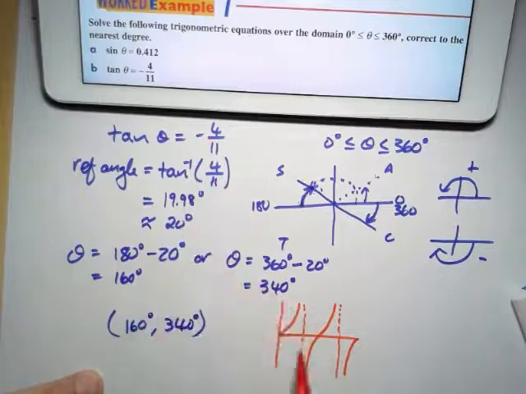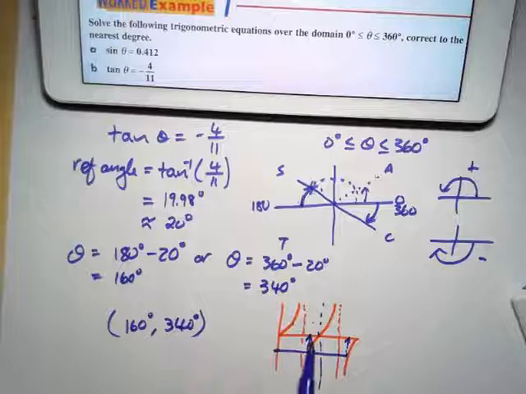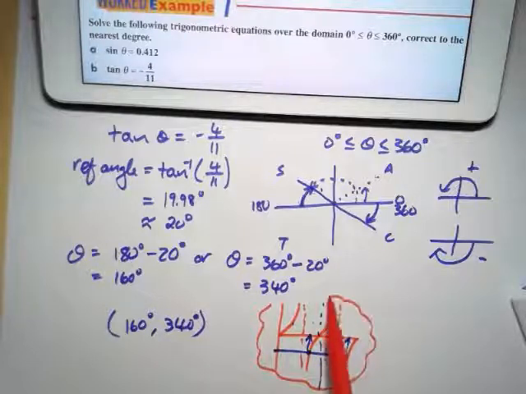Negative 4/11 is down here somewhere. And if I go down at negative 4 and I follow that through, it happens at 2 places. Oh, sorry, first, second, third, fourth. So it happens in my second quadrant, and it also happens in my fourth quadrant. So that would be 160 and 340. You don't have to do this. This is just for explanatory reasons.